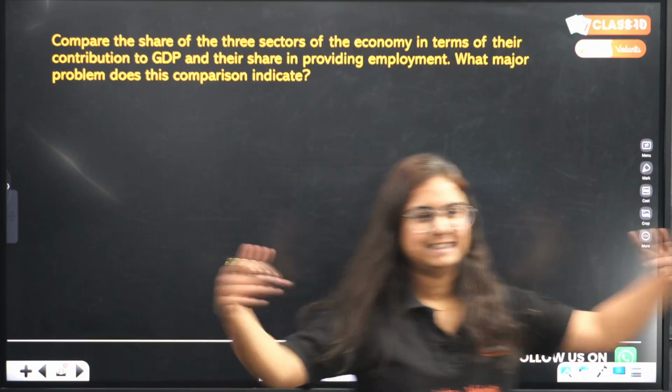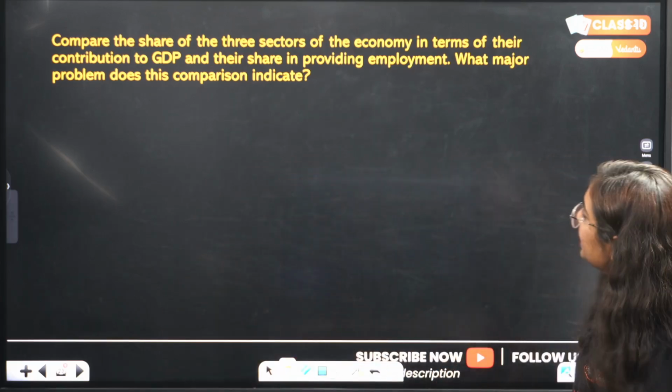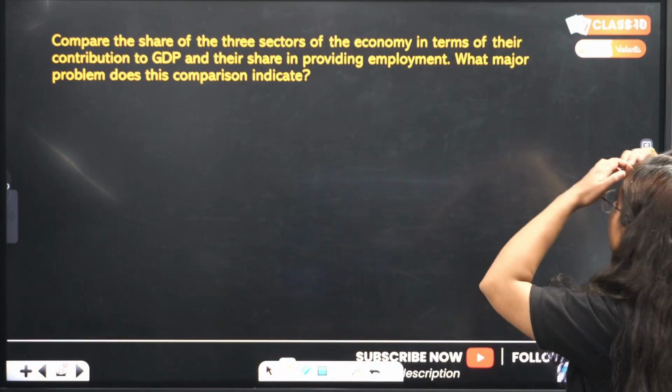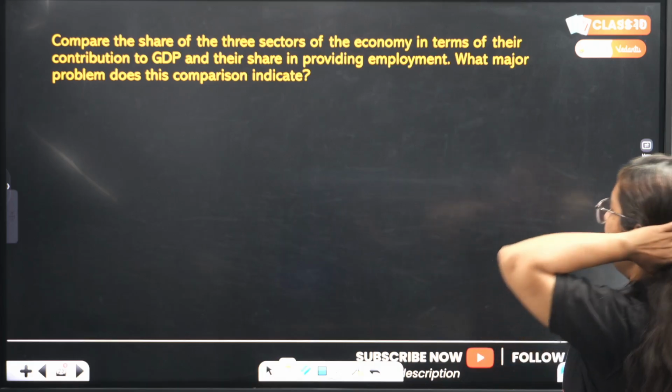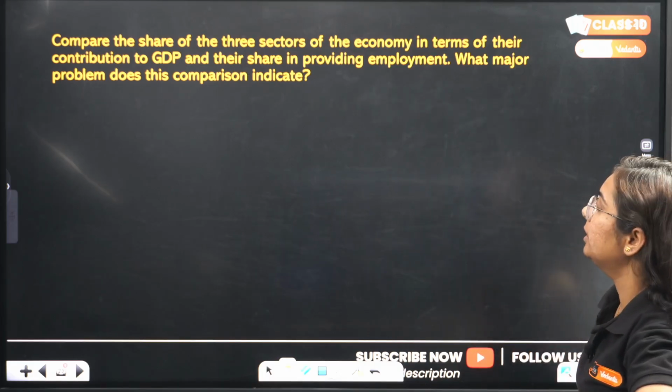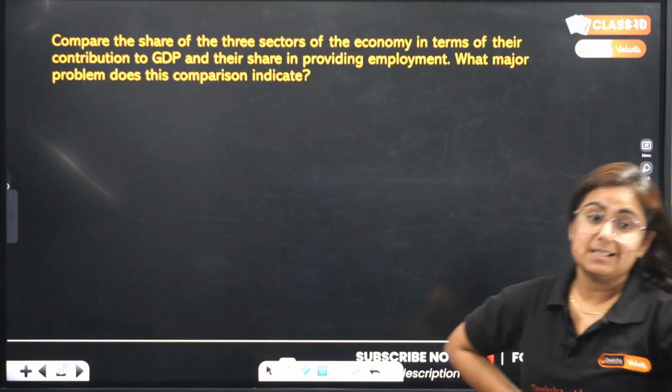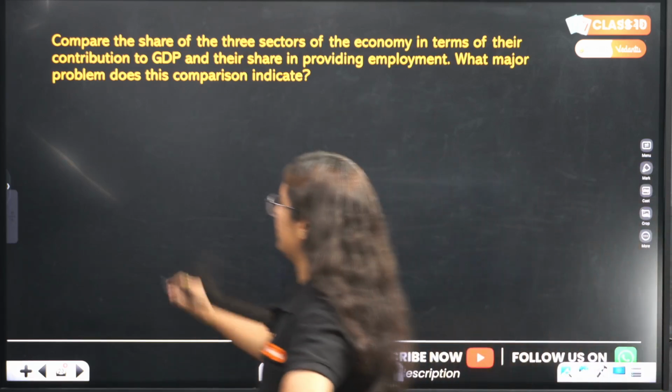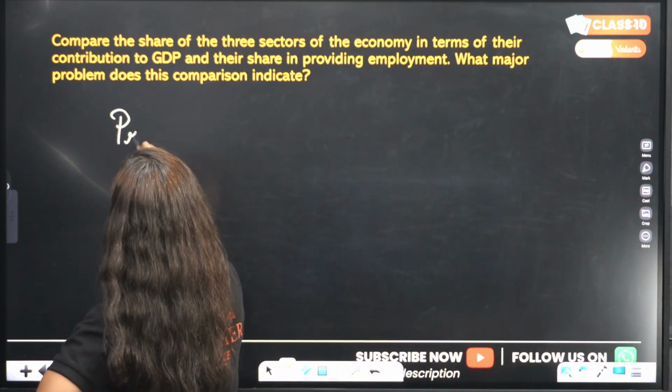MGNREGA. Done. Next question. Compare the share of three sectors of economy in terms of their contribution to GDP and their share in providing employment. What major problem does this comparison indicate? Okay, so we have three sectors, beta.